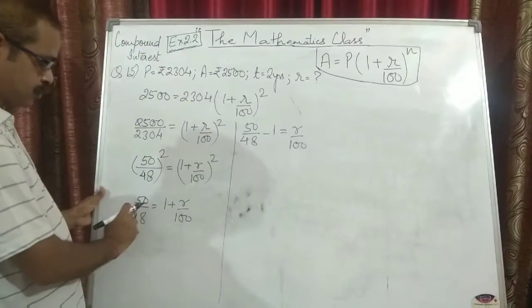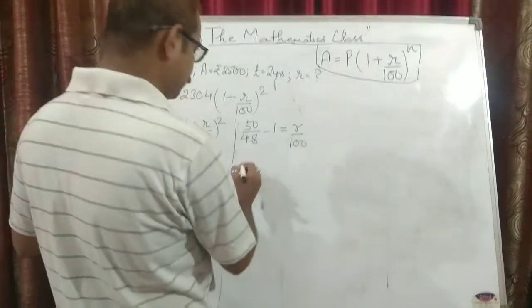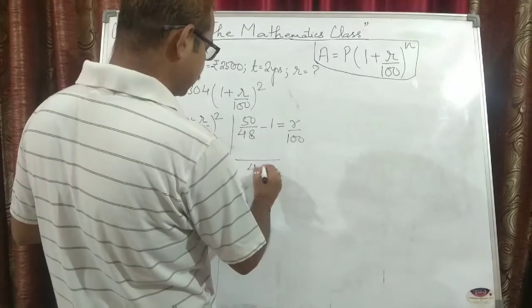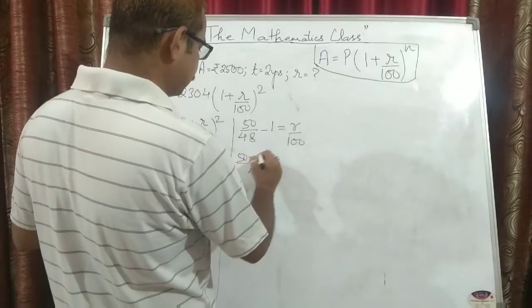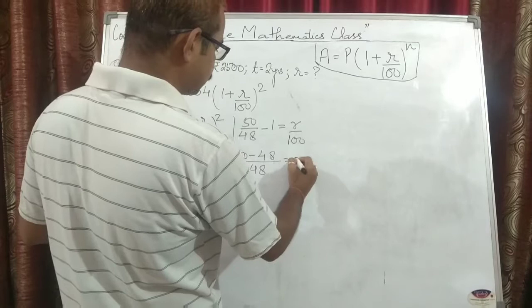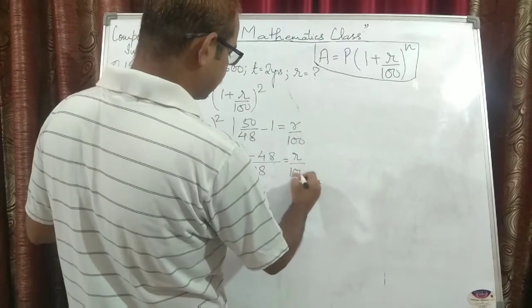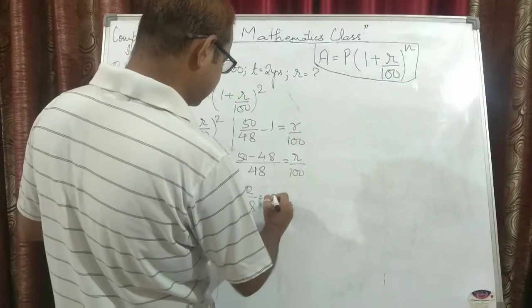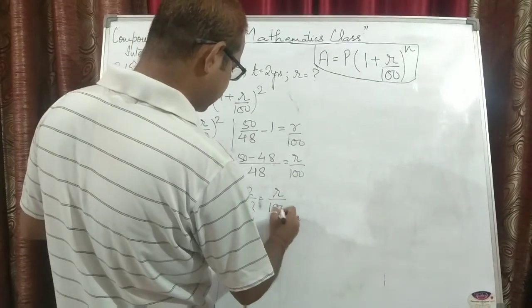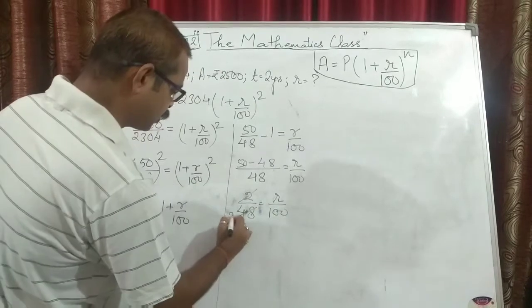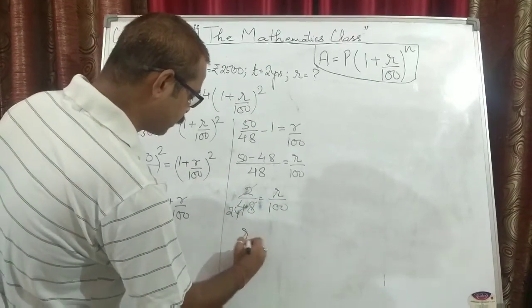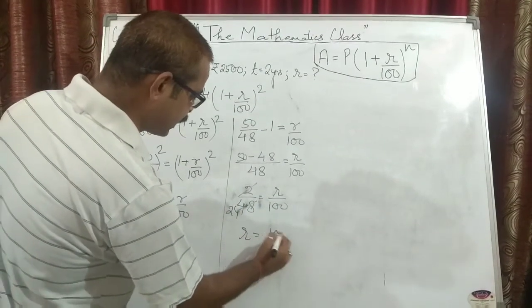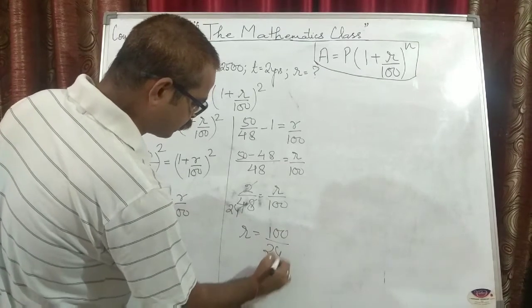This one moved to this side, it became negative. So now you take the LCM. LCM is 48. It is 50 minus 48 is equal to R upon 100. That becomes 2 upon 48 and it is R upon 100. It becomes 2 upon 24. So R becomes, again cross multiply, 100 upon 24.